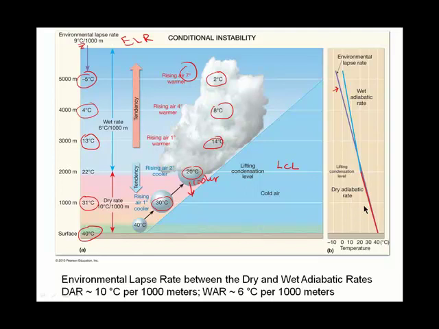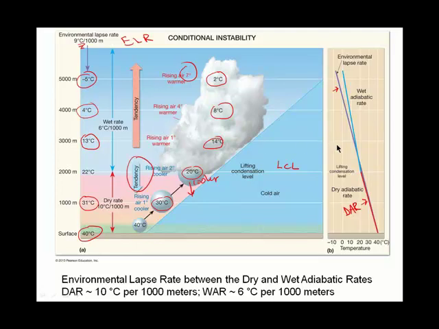And then the red line down here is the cooling of the parcel of air where no condensation is occurring, according to the dry adiabatic rate, the DAR. And notice in this case, the red line, the temperature of the parcel is just a little bit cooler than the temperature of the atmosphere. Okay, that gave us a downward tendency.